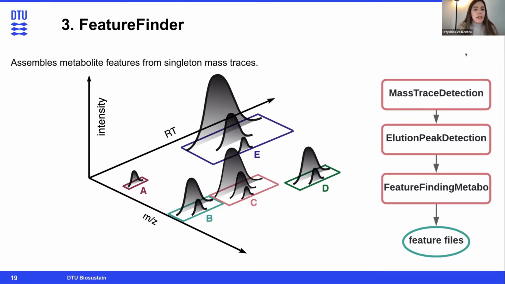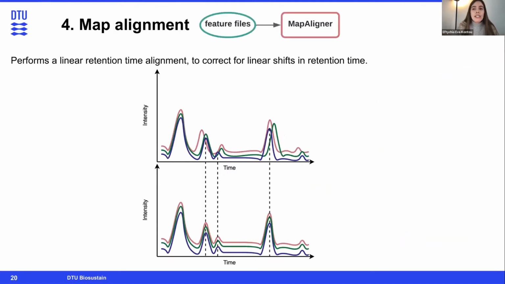The next algorithm that we need to use is called map alignment. Exactly as the name says, it performs a linear retention time alignment. That's very helpful because for any of you that has used LC-MS, you know that between different runs, or even in a single run but between different injections, you have linear retention time shifts in your data.